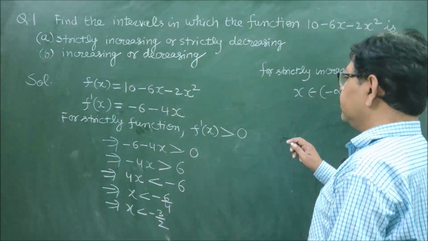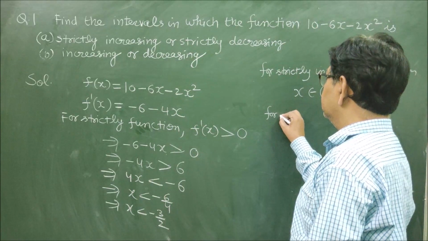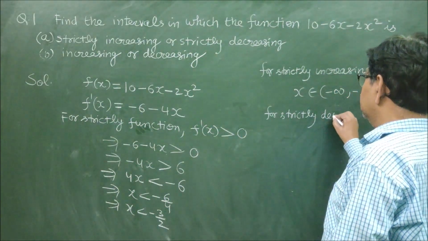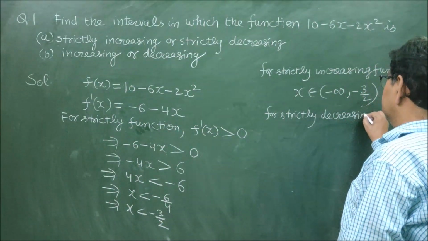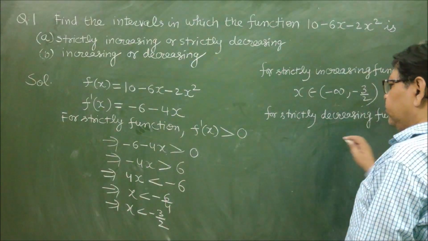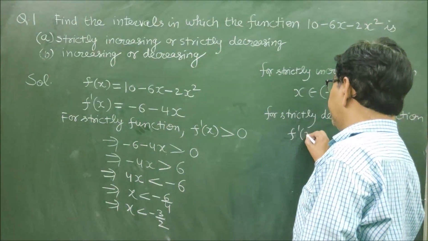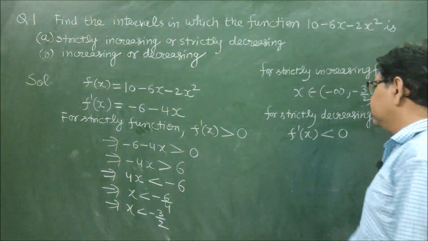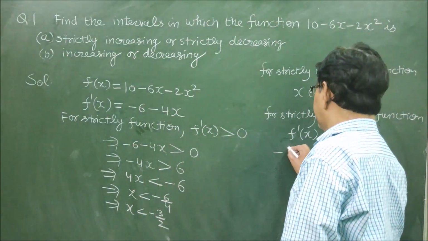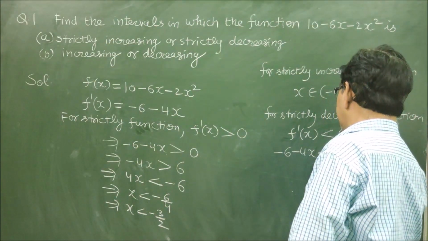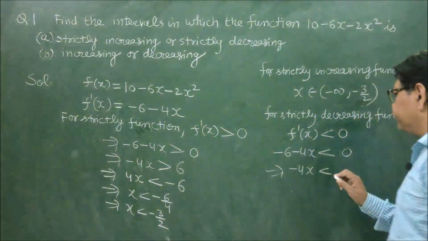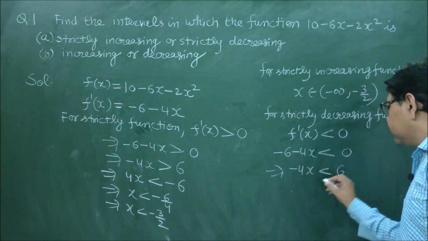For strictly decreasing function, f'(x) should be less than 0, and the value of f'(x) is -6 - 4x less than 0. That is, -4x is less than 6.